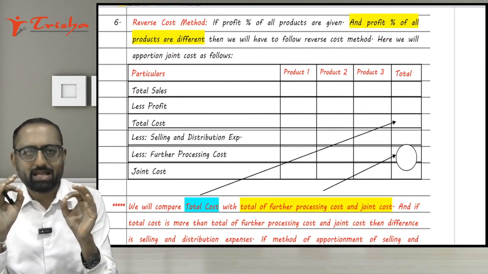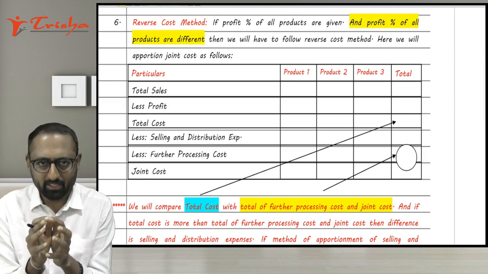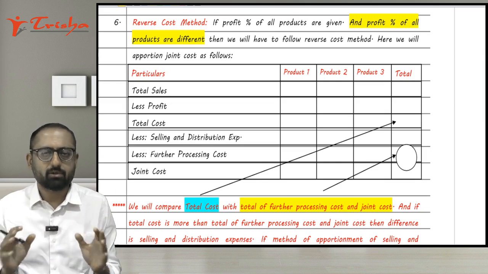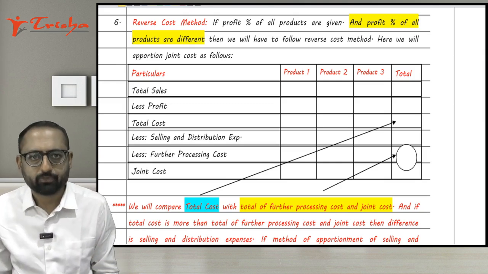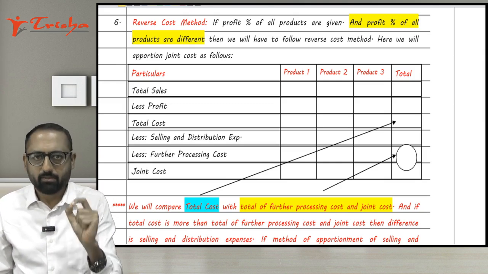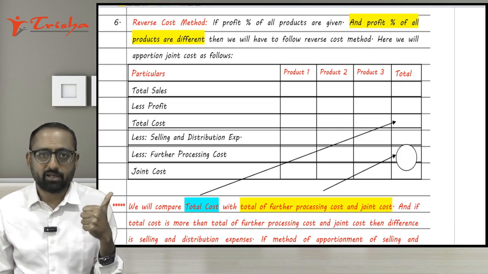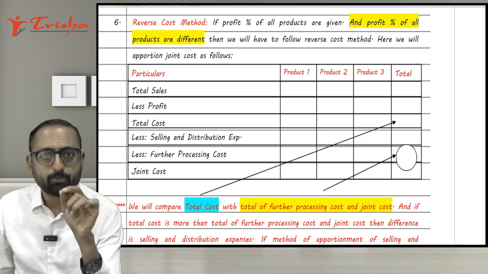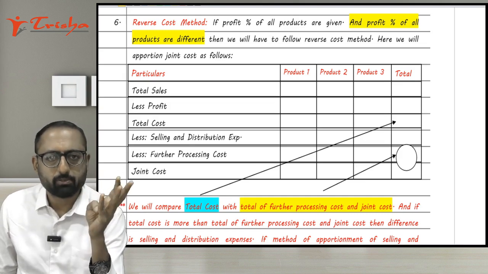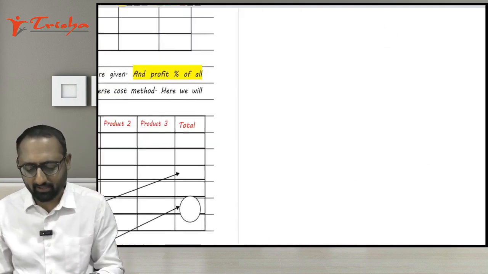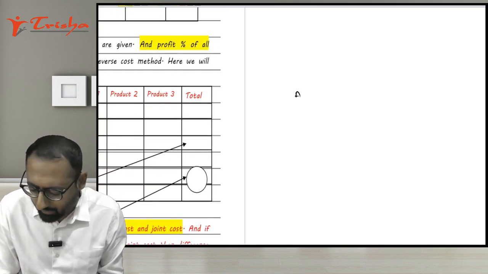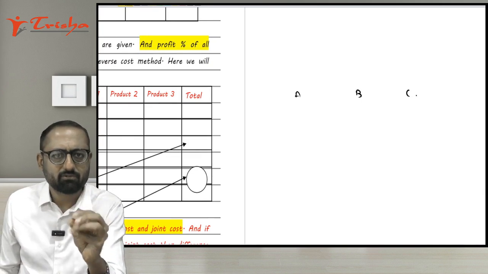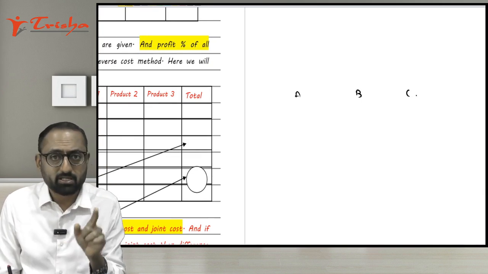Remember, if in an example or in an examination various joint products are given, suppose product A, product B, product C, and guys, remember where to apply this method. It is a very important point. The profit percentage of each product is given. Suppose 3 products are there, and the profit percentage is given in the question, and it is different for each product.